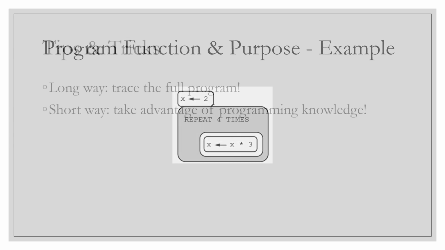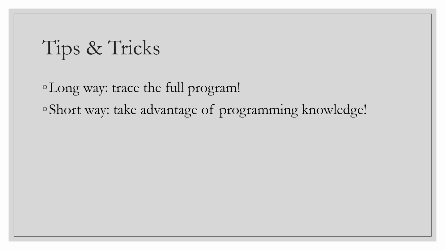So there are two ways of understanding the overall behavior of a program. The long way is tracing the full program. No one is going to stop you from doing the long way, but I would also like to introduce that there is a short way of doing this, which is much more efficient, especially if you are on a time crunch, and it helps develop a lot of your critical thinking skills when it comes to understanding segments of code.